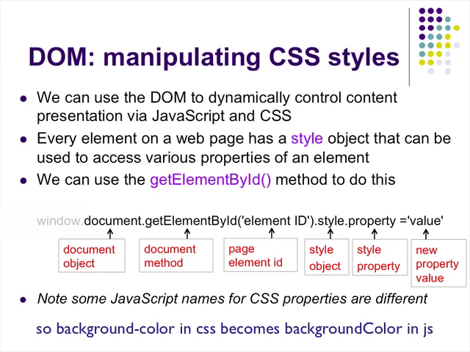So something like background-color. We take out the hyphen because after all in a programming language a hyphen usually means minus. Take out the hyphen and we make the following letter uppercase. Instead of background-color, it becomes backgroundColor with the C being written as uppercase.